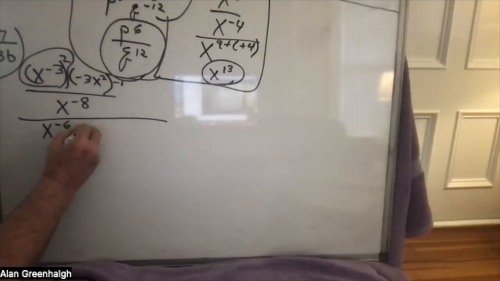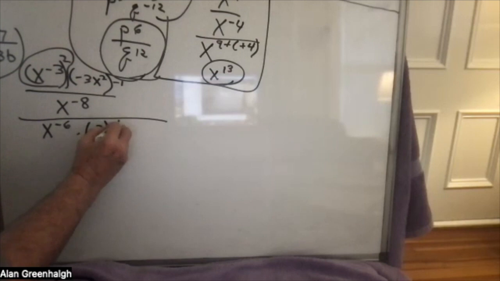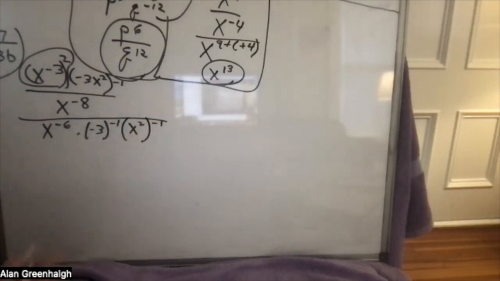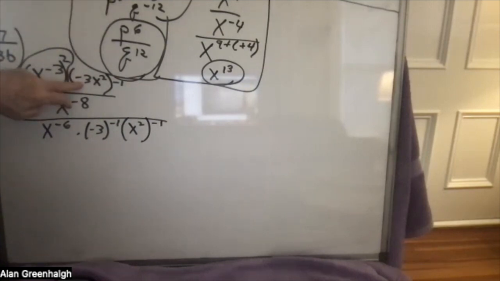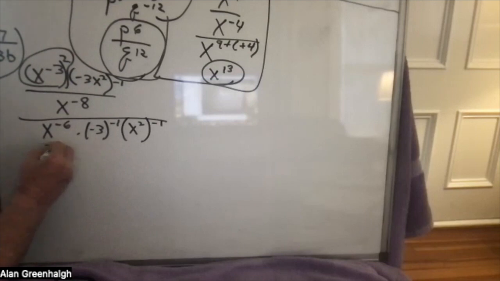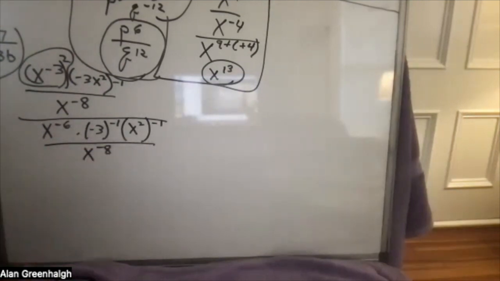So I would suggest making this negative 3 to the negative 1, and then x to the second to the negative 1. See, that's the same property as over here. It's this to the third, that to the third: negative 3 to the negative 1, x to the second to the negative 1. Then you could sort of wake up this one and say, okay, you may be needed soon.